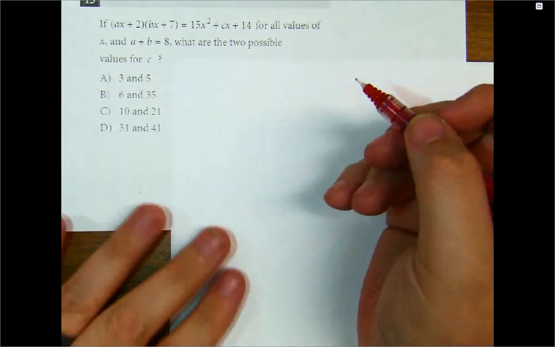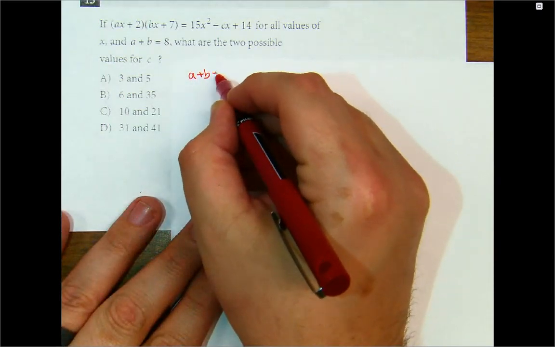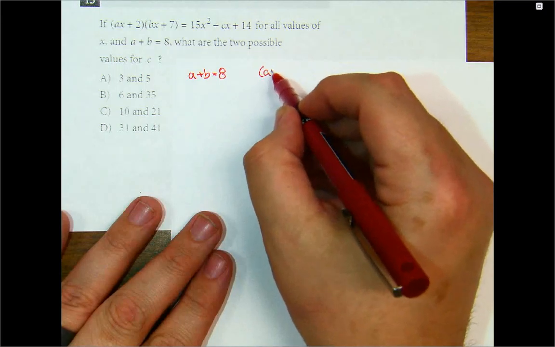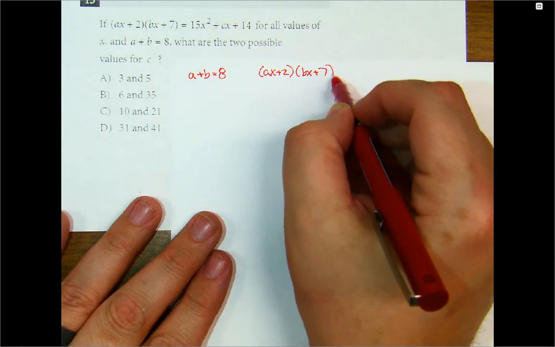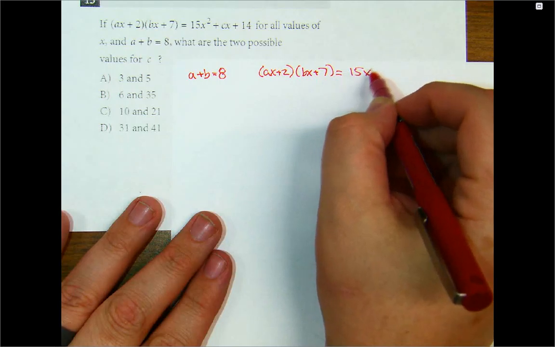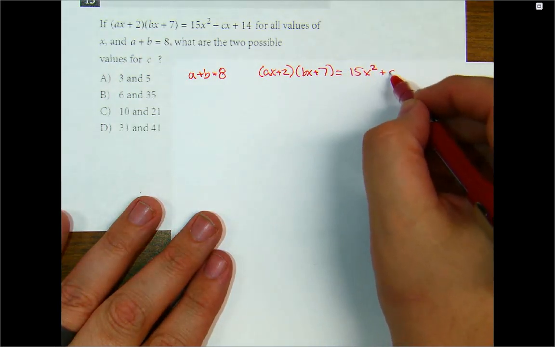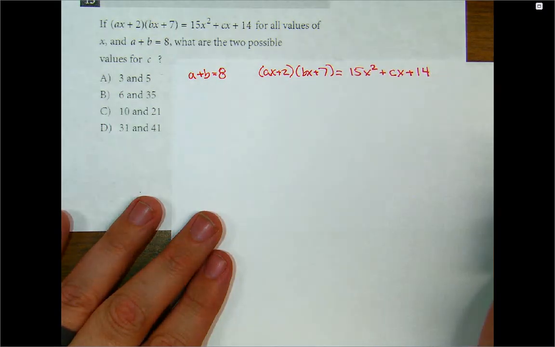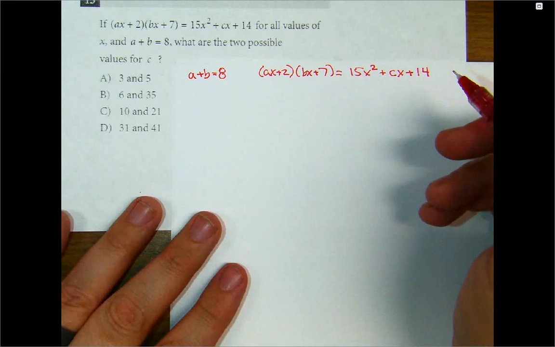It tells me that a plus b is equal to 8, and that (ax plus 2) times (bx plus 7) is equal to 15x squared plus cx plus 14. And it asks, what are the two values for c? C can equal two different numbers.